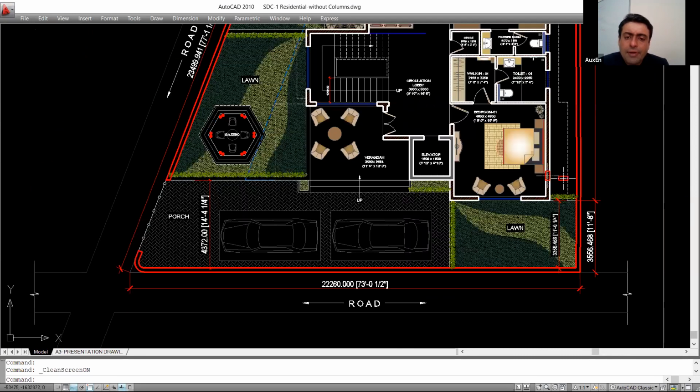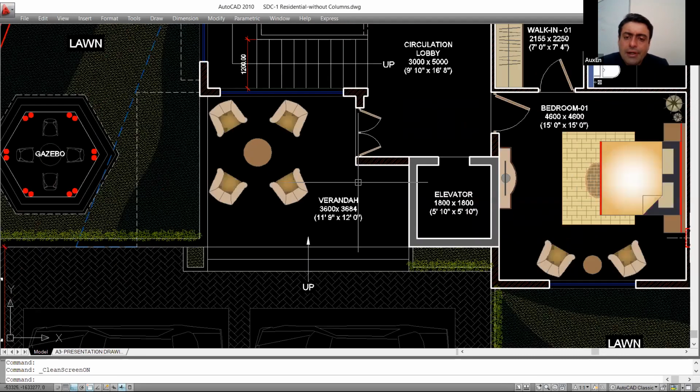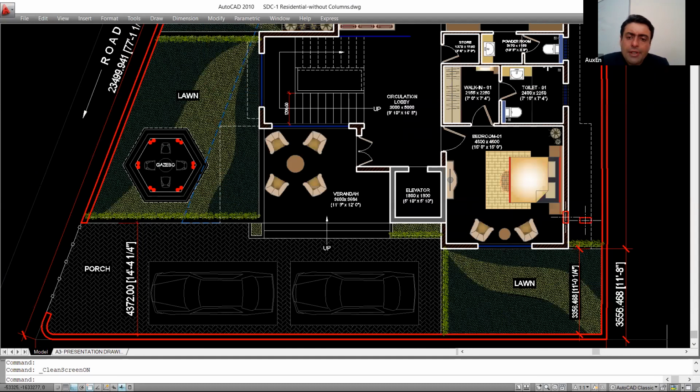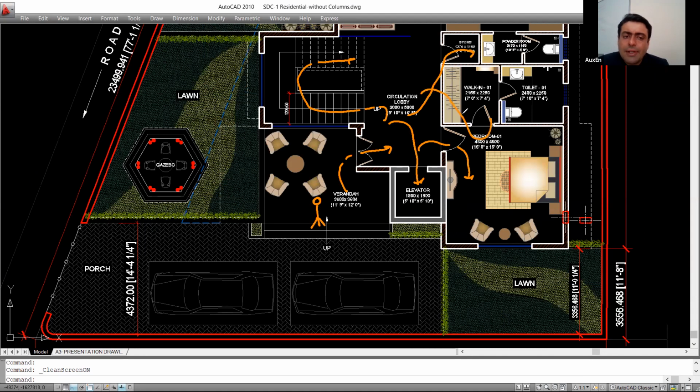Whenever I am studying any drawing, I imagine myself standing over here, then moving here, moving up the staircase, or moving inside this room. I try to imagine it this way, that I am having a walkthrough.